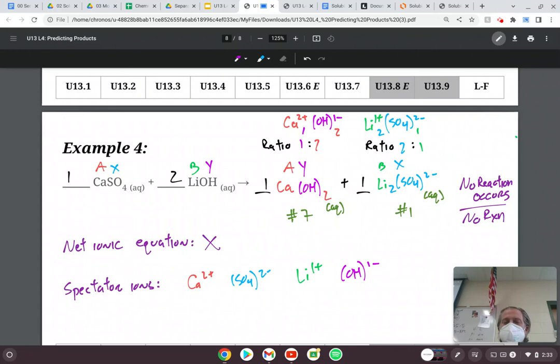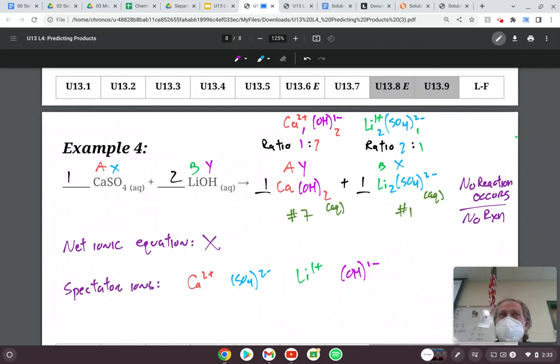Solubility rule number 7 tells you that hydroxides are insoluble except if they're paired up with a bunch of atoms. In this case, that one happens to be calcium. And then rule number 1 tells you that lithium sulfate is soluble. So you have an aqueous product, which means you have no reaction.